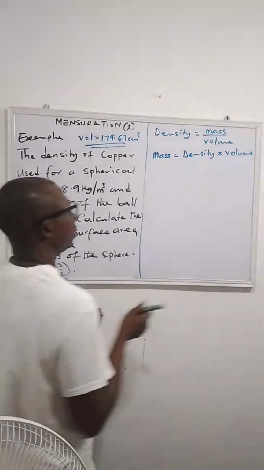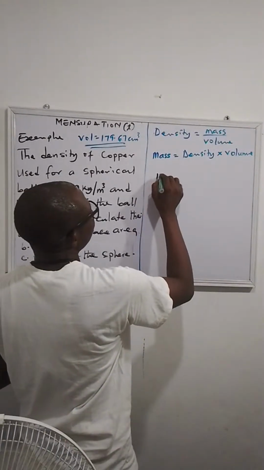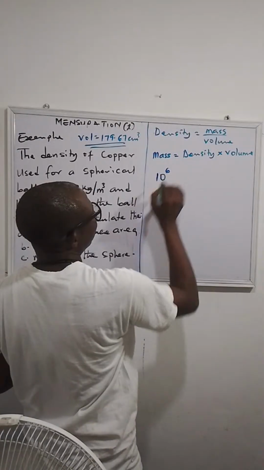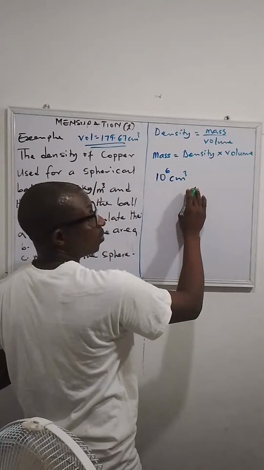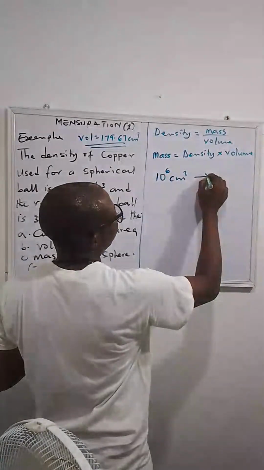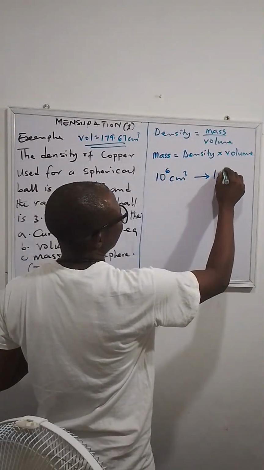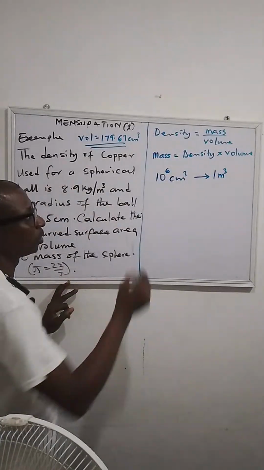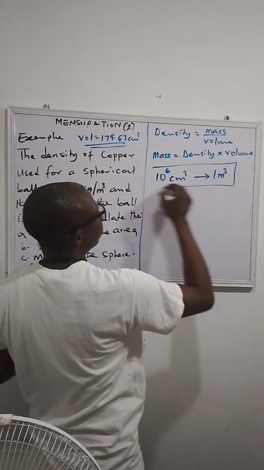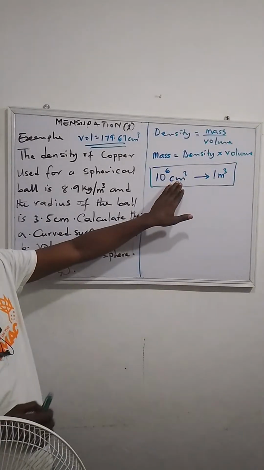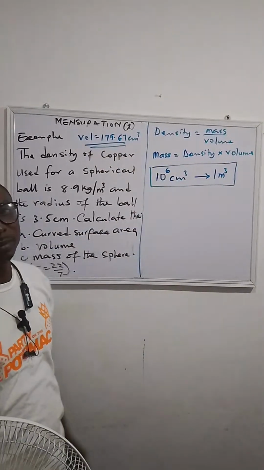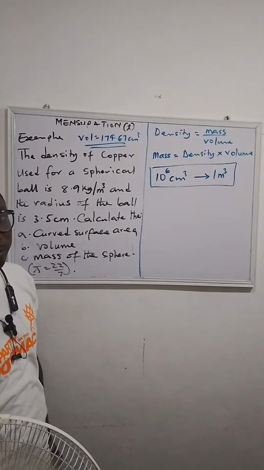So now let's see. 10 raised to the power of 6 centimeter cube, same thing as 1 million, will give us 1 meter cube. So make sure you master this. You are supposed to be familiar with this. 1 million centimeter cube make 1 meter cube.